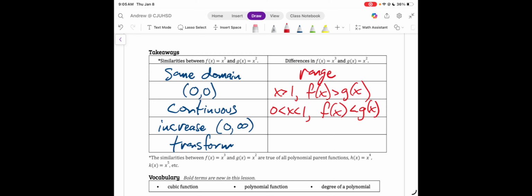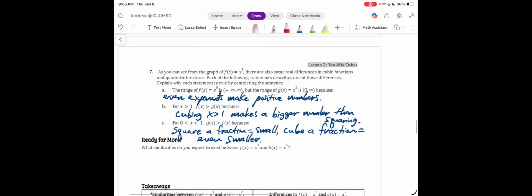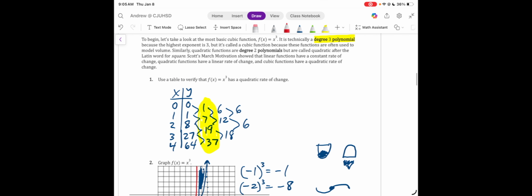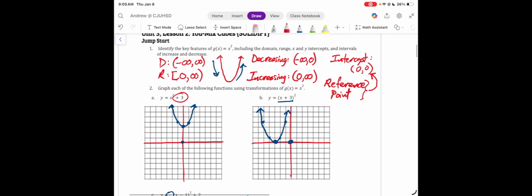And last thing is, you notice there's different symmetry in the graphs? So in other words, you can fold a parabola. There's an example here. You can fold a parabola side to side. It has an axis of symmetry.